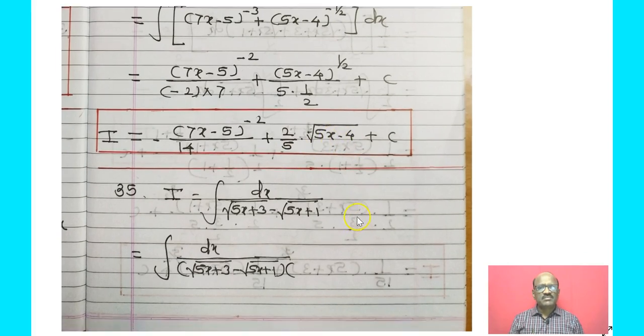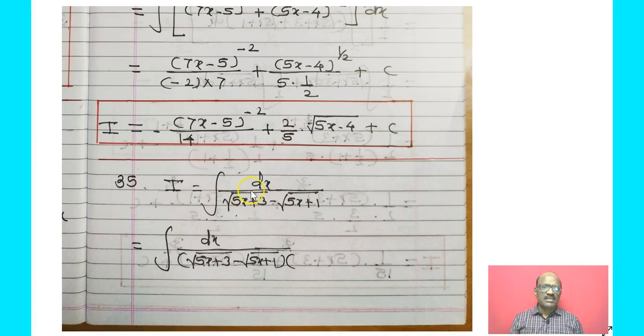Now next, the next problem: integral dx upon root of 5x plus 3 minus root of 5x plus 1. Now to solve this type of example, rationalize the denominator, that is, multiply the numerator and the denominator by root of 5x plus 3 plus root of 5x plus 1.